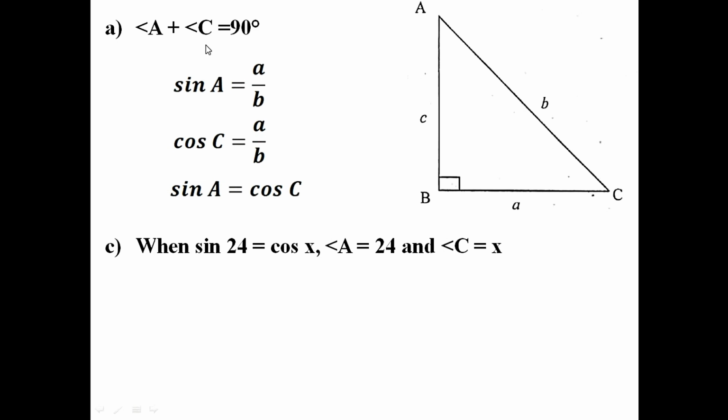And we have already seen that angle A plus angle C equal to 90 degree. Therefore 24 plus x equal to 90, x equal to 90 minus 24 or 66 degree.